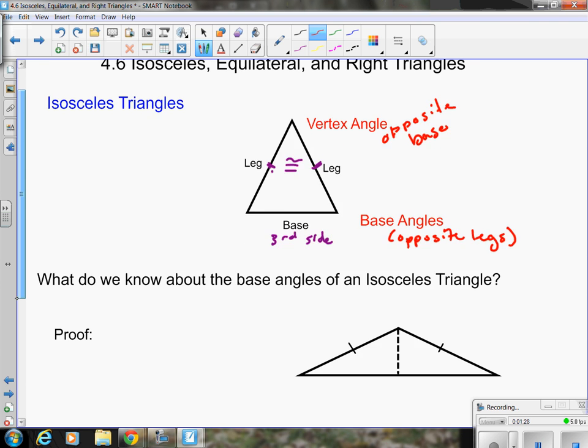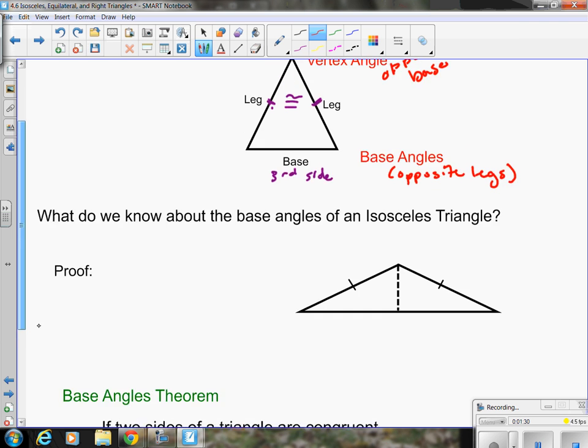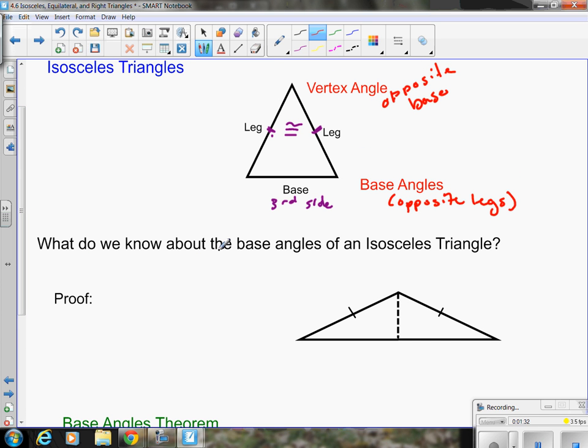Okay, now here's a quick question for you. What do we know about base angles of an isosceles triangle? And here we just dropped an altitude down from the vertex angle, and at this point, let me think of my proof, but this side is congruent to itself, and we have a right angle.